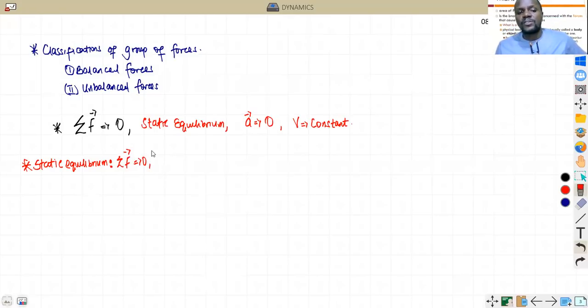So when we say something is in static equilibrium, we are saying the body is being acted upon by a balanced force.